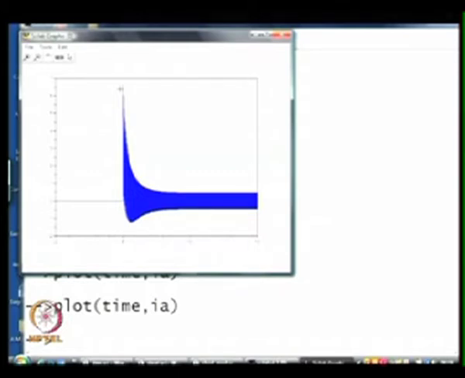So what you have as the response of IA, if you look at me, you will find that the envelope of IA decays with time, but also the envelope itself has got a DC offset. So you see a DC offset like this, and you see an envelope which is also dying with time.